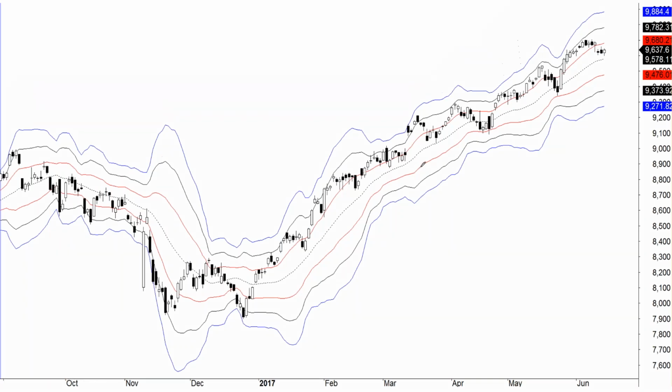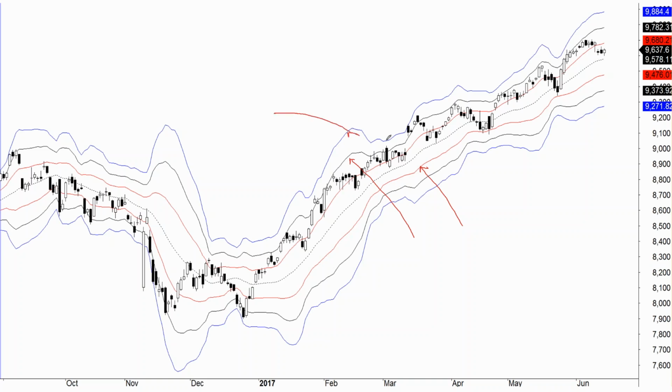Here you can see the red line is the one standard deviation. It roughly contains 68% of the data of the whole movement. The black line is the two standard deviation. It contains almost 95 to 96% of the data. And the blue line is the three standard deviation.